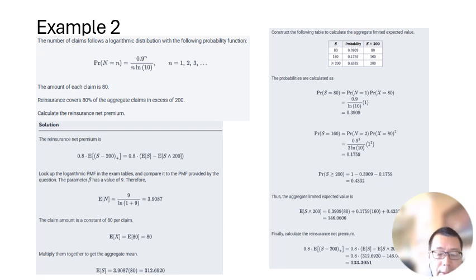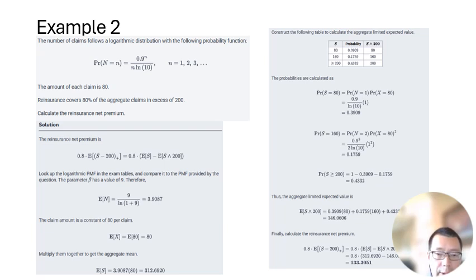Similarly, for the probability of S equal 160, it means the probability of N will equal 2. So you can get it as 0.1759. Then the probability of S greater than 200 can be calculated by subtracting this 0.3909 and 0.1759 from 1. You get 0.4332.